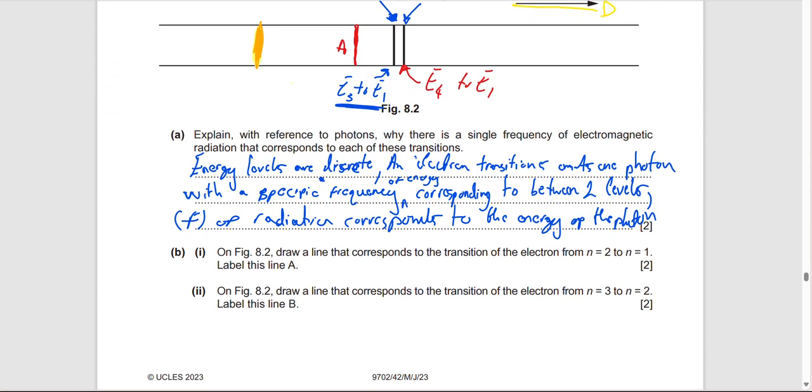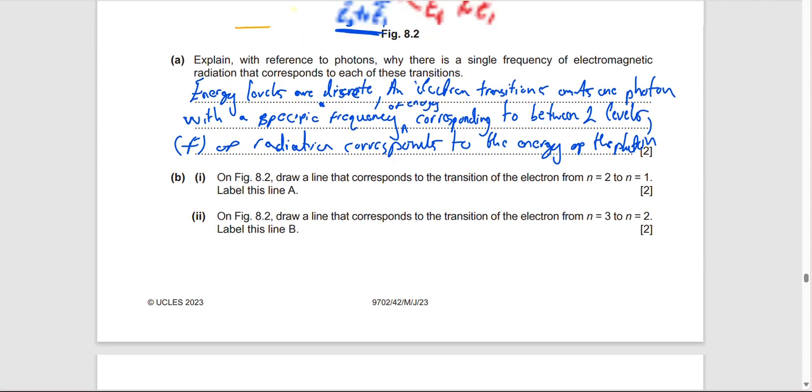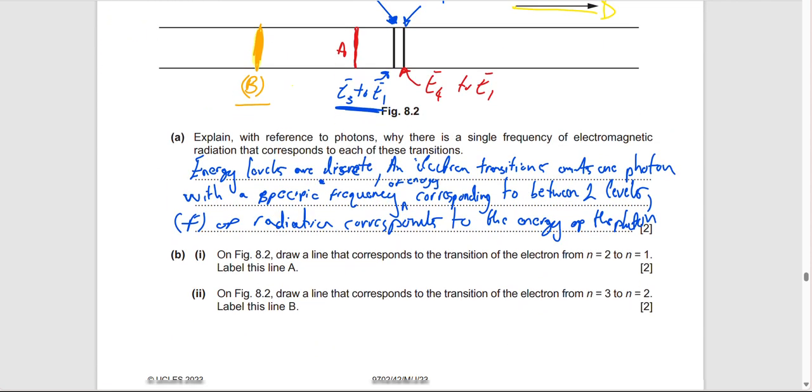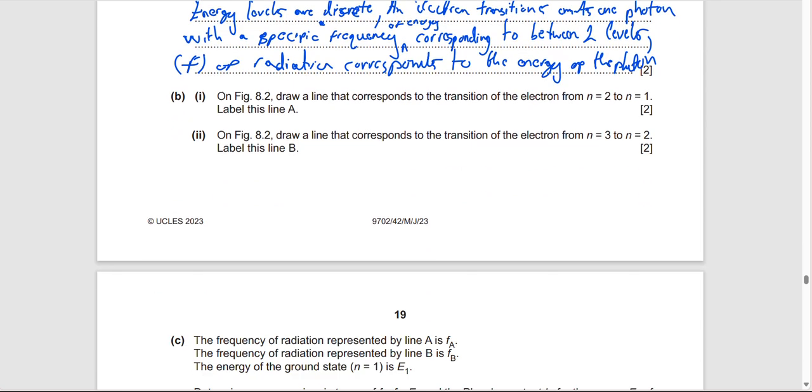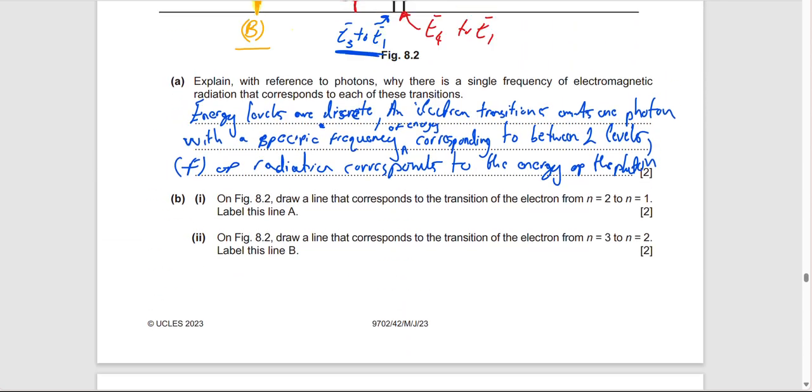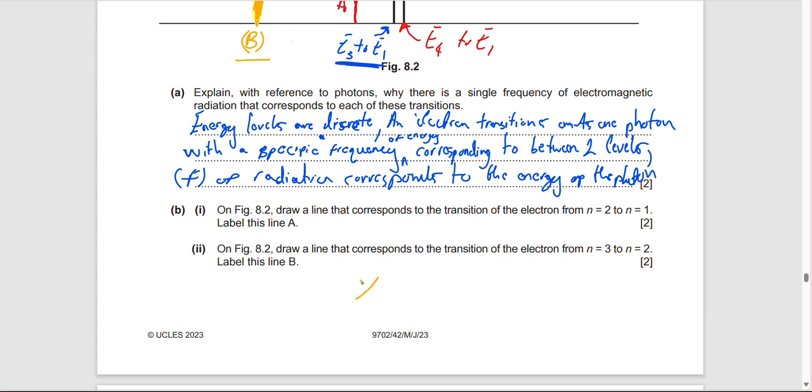Therefore, we have our line B right here, just like that. And we are good to go. Right. If this doesn't make sense, comment that question 8B, part 1 and 2 don't make sense, and I'll gladly clarify it for you.